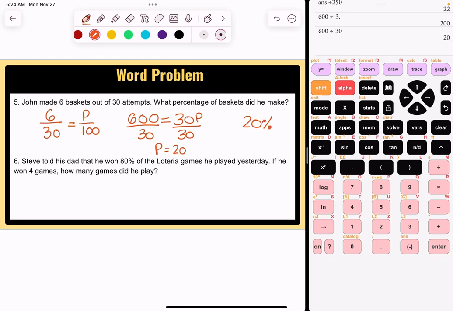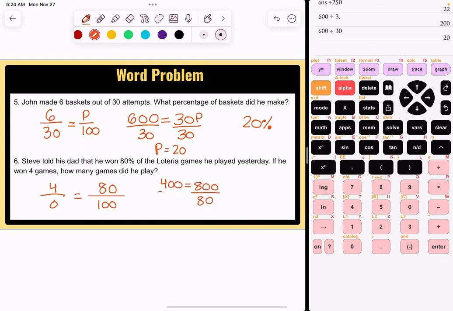Okay, the next one. Steve told his dad that he won 80% of the games. So 80 goes in the percent part over 100. If he won 4 games, how many did he play? So of is what we don't know. We don't know how many games he played. But we know that he won 4 games. So 4 times 100 is 400 equals 80O.